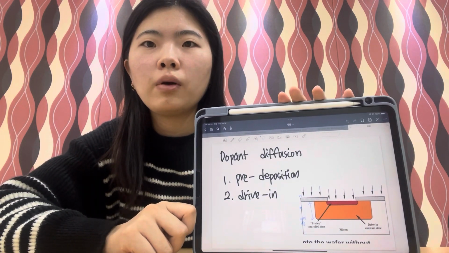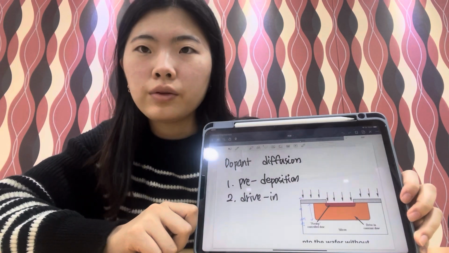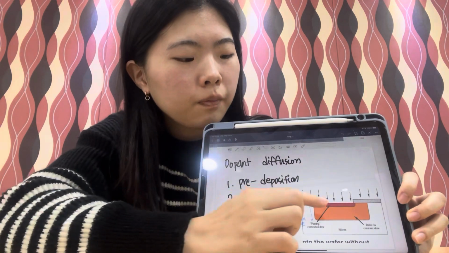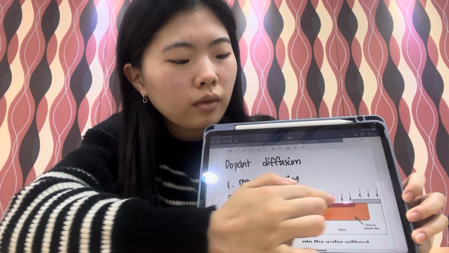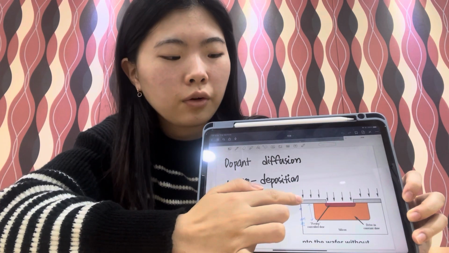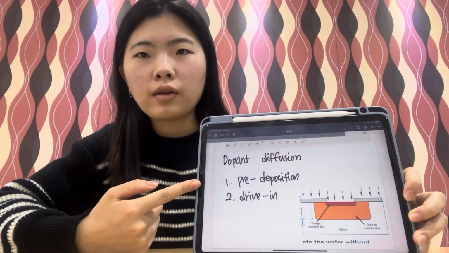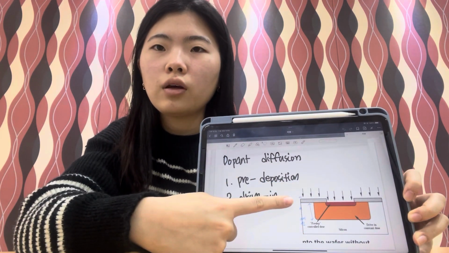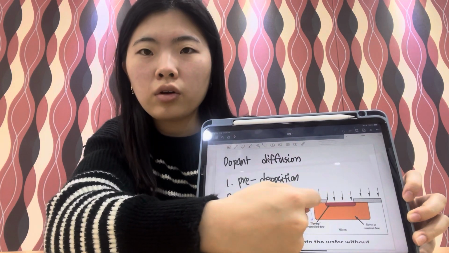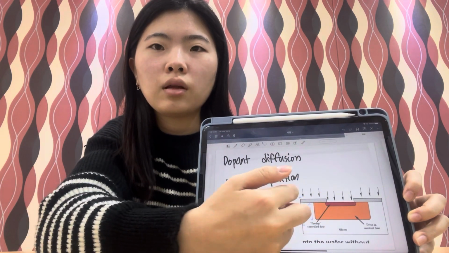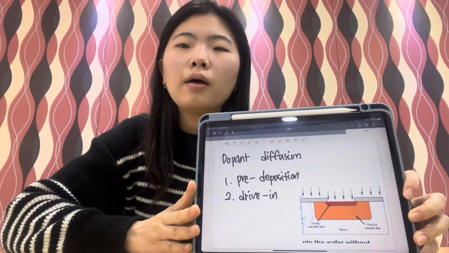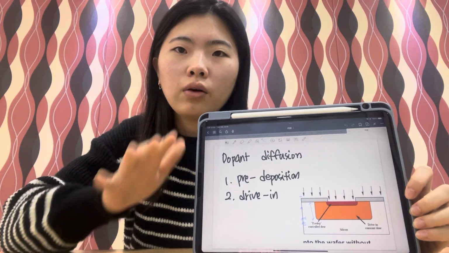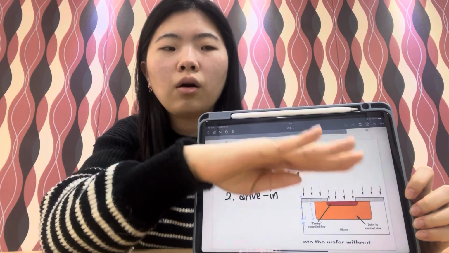First, dopant diffusion. Let's talk about diffusion first. This is how the diffusion works. So we put some material on the surface. We call that process pre-deposition. We deposit the material on the silicon substrate first, and then we put some heat on the upper side.